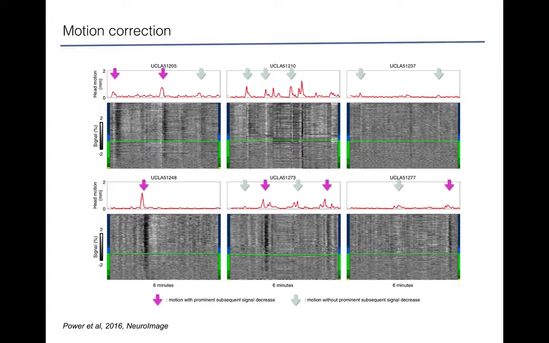There's a complicated pattern in there because there is a spin history, and there are changes in the magnetic field as the subject moves. So just be aware that motion does not have a simple effect on the data that we can characterize only by looking at the regressors.